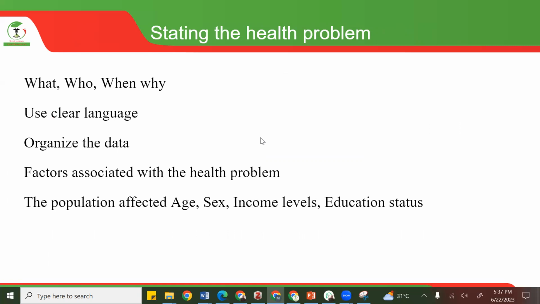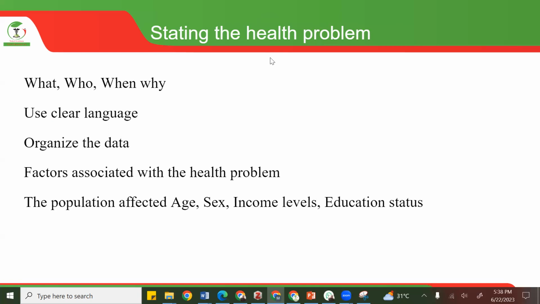Another problem is that we have an increased prevalence of malnutrition among the children under 5. Okay, so those are problems that you have. Or maybe the community members are not utilizing the health services available at the nearest health facility. Okay, so you need to describe this problem clearly, such that it gives you proper understanding of how the intervention would be.